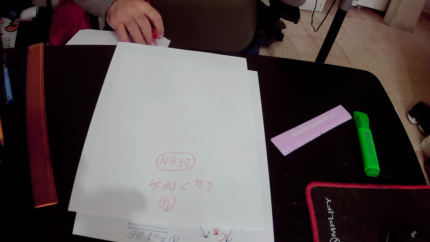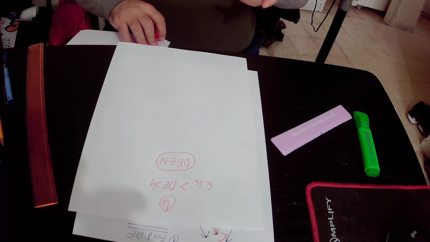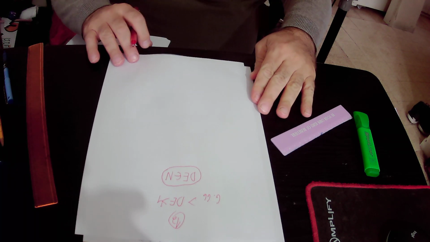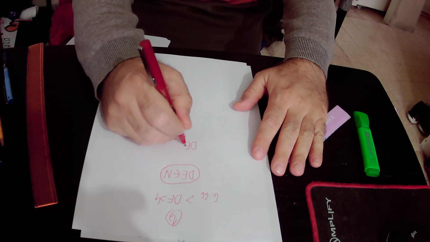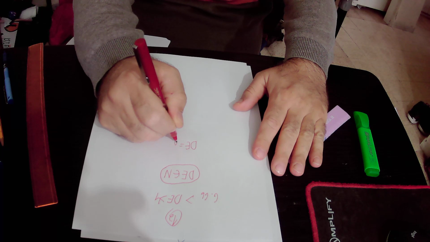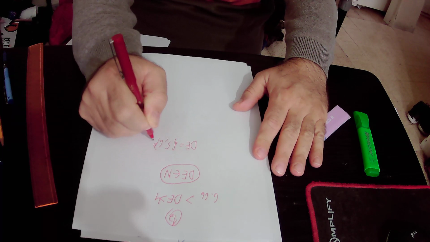Which natural numbers are bigger than 4 and smaller than 6.66? The only two natural numbers that satisfy these requirements are 5 and 6. So DE equals either 5 units or 6 units.